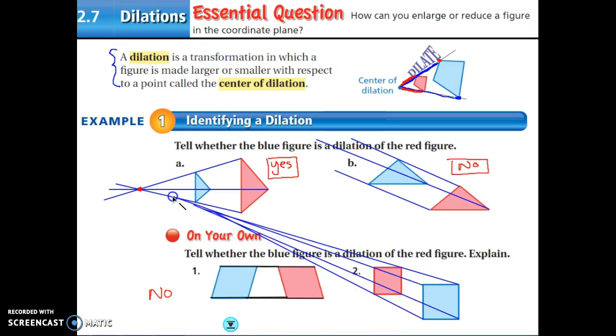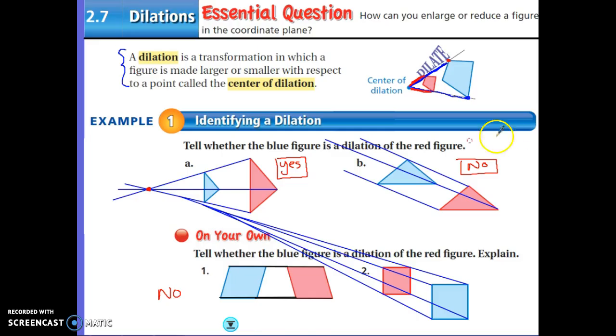As I'm connecting, it does look like they should intersect somewhere out here. Now my lines aren't perfectly straight and that's okay. But if we did draw them the way they should be drawn, they would probably intersect in this area. So our answer for question 2 would be yes. The blue figure is a dilation of the red figure.